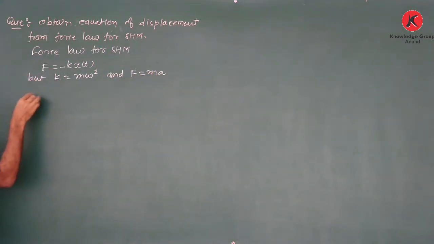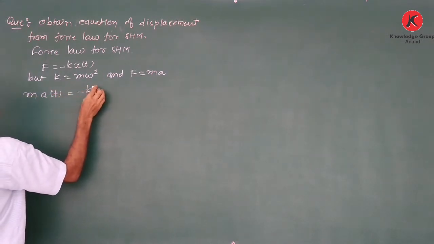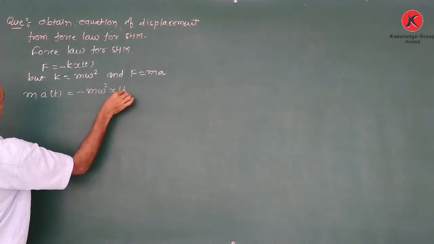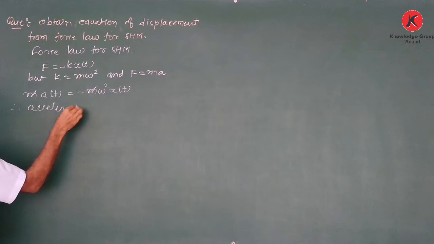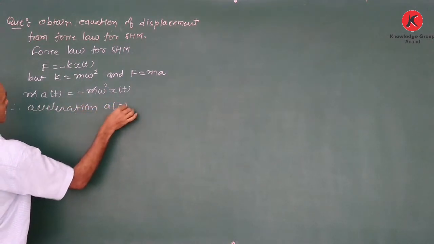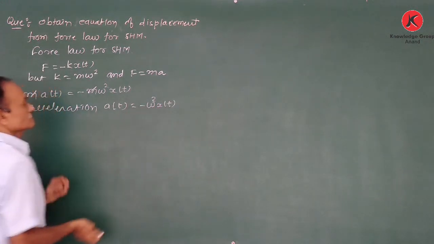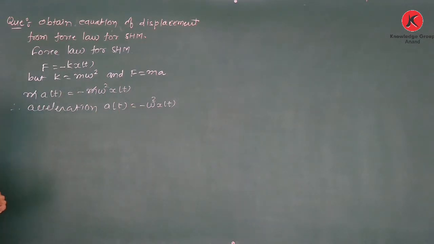Therefore, we can write it this way: ma(t) is equal to minus k, and instead of k we write m omega square x(t). m cancels, therefore acceleration a(t) is equal to minus omega square x(t). Now we are interested to obtain the equation of x(t). Clear or not? Because we are interested to obtain the displacement.